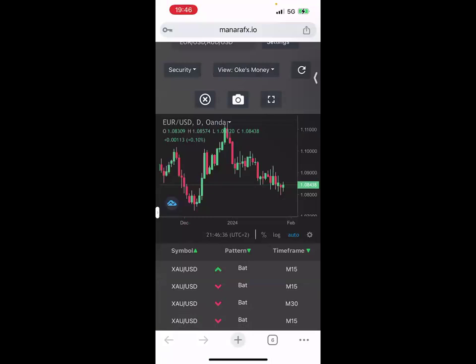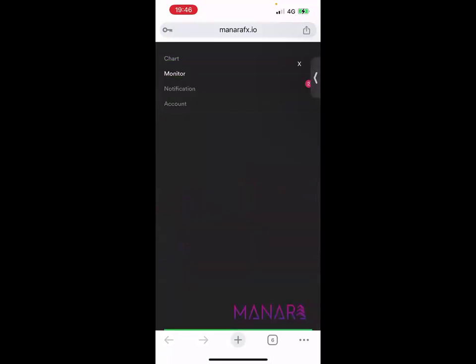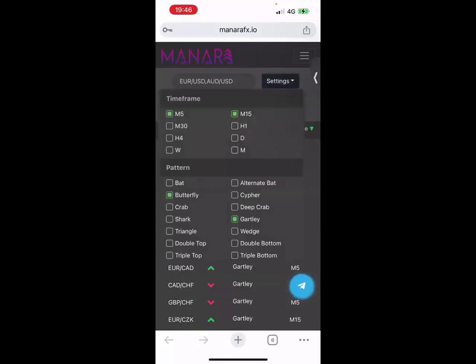Okay, so come up. We're going to go and do the notification setup as well because your notification is what is connected to your phone. So click on your menu line. Come to notification. So let's choose settings. So we'll select 5, 15, and 30.